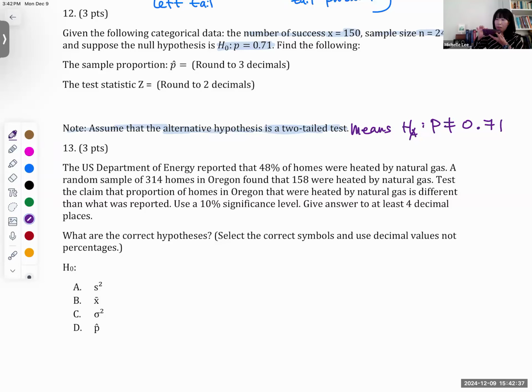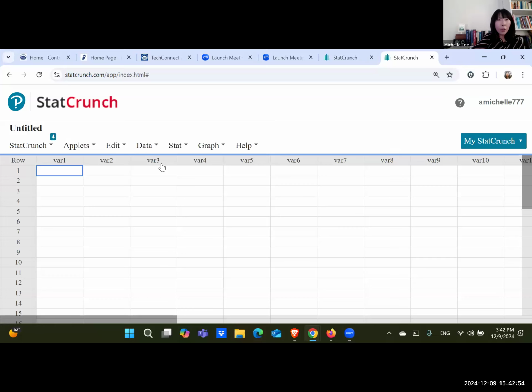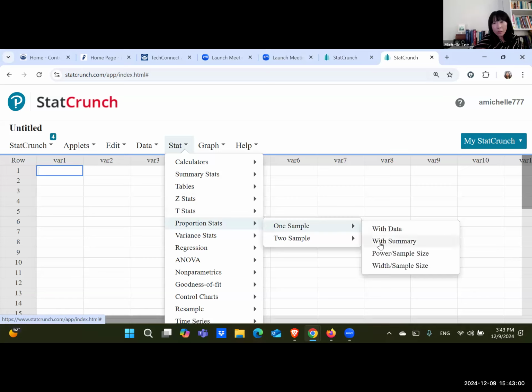So let's do it. StatCrunch again, right? So in StatCrunch, we're going to go to Stat, Proportion Stats, One Sample, with Summary. Okay, hold on, let me do it here.